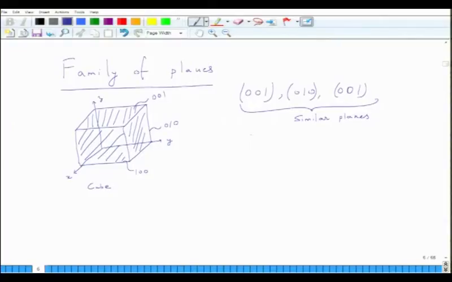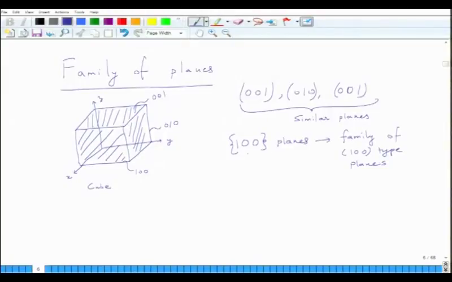So, I can represent these as {1 0 0} planes by these curly brackets, okay. So, this would mean a family of 1 0 0 type planes, but only valid for a cubic system, okay.